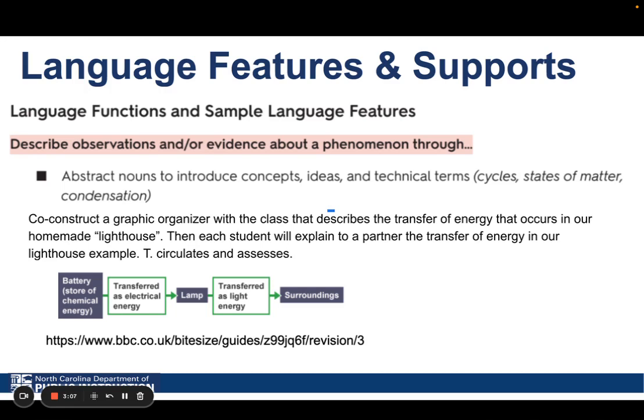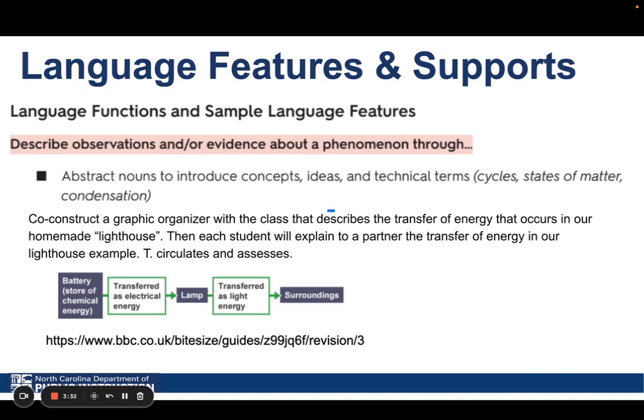And so, in order to do that, we began with co-constructing a graphic organizer with the class that described the transfer of electricity that occurred in our homemade lighthouse. And each student would then explain to a partner the transfer of electricity in our lighthouse example.